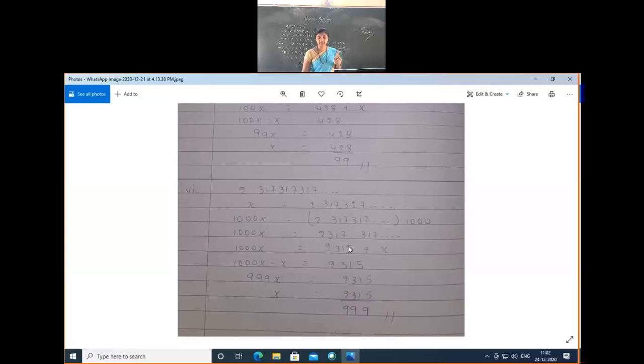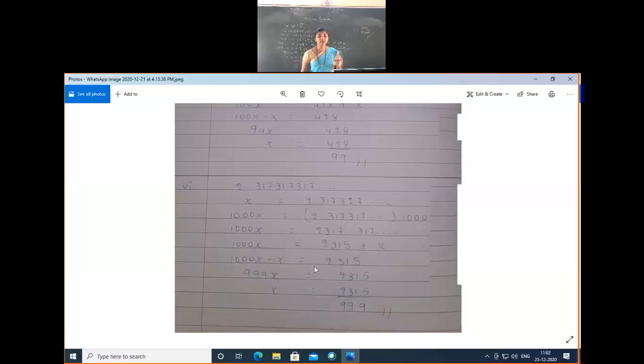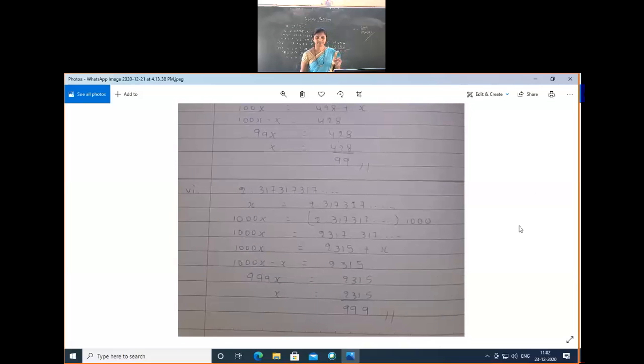Then when we subtract x, we get the term. 2315 plus x, then transfer this x to this side: 1000x minus x is equal to 2315, then 999x is equal to 2315, then x is equal to 2315 divided by 999. How many of you got the same answer?